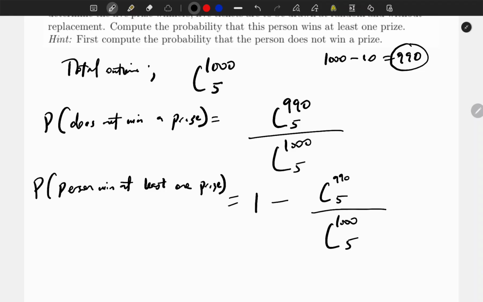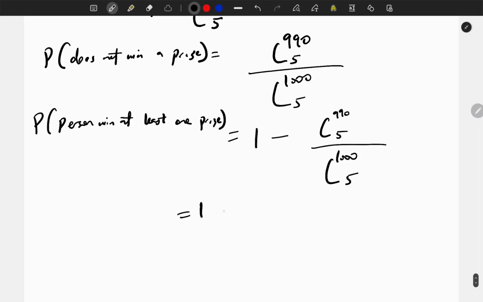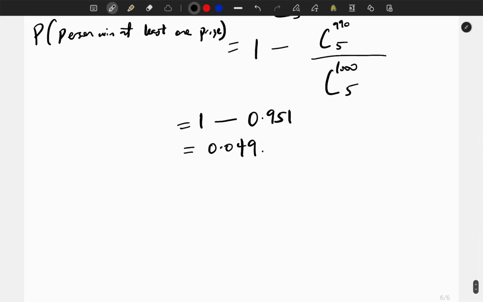You can confirm the result: this gives 1 minus 0.951, which is equal to 0.049. Okay, so you can just try to confirm that solution.